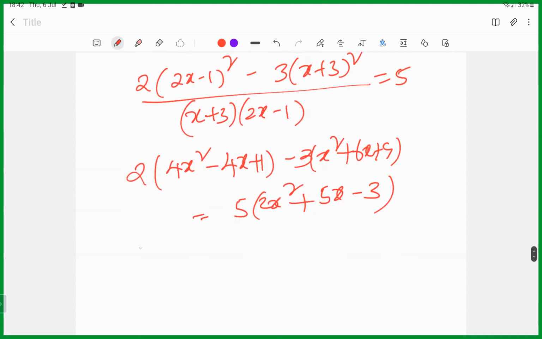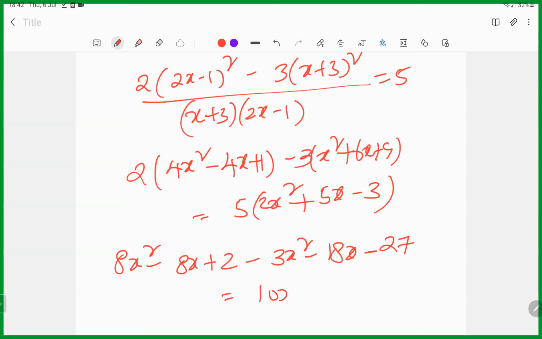Then 8x square minus 8x plus 2 minus 3x square minus 18x minus 27 equal to 10x square plus 25x minus 15. Is that right?